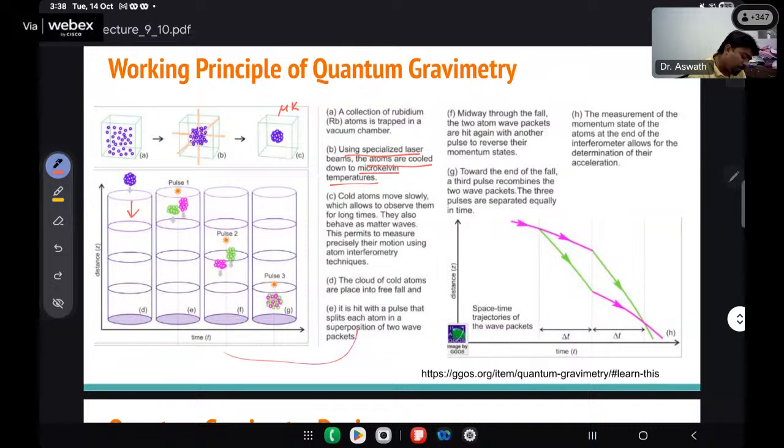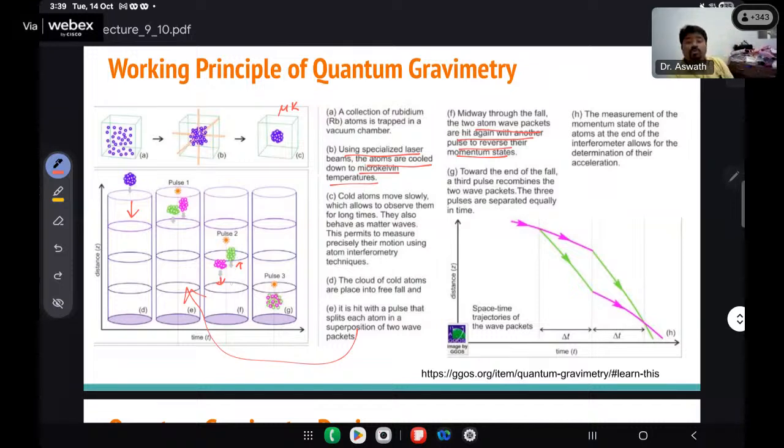As they pass through the midway, the two atoms and their wave packets are hit again with another pulse to reverse their momentum states. Let's say the momentum of the purple ones is coming down, and the momentum of the green one is going up. I can't completely push them going up, but I can at least slow them down by reversing the momentum. So the green ones come a little bit slower than the purple ones.